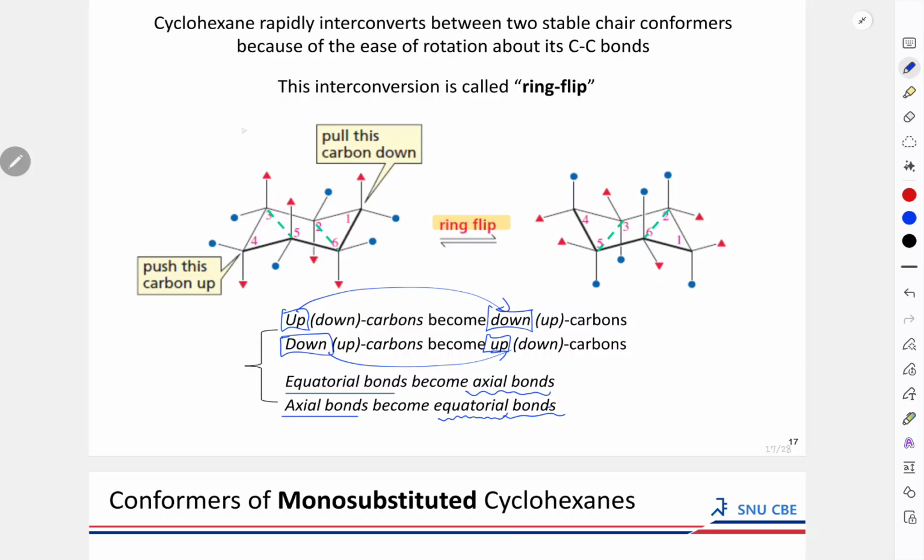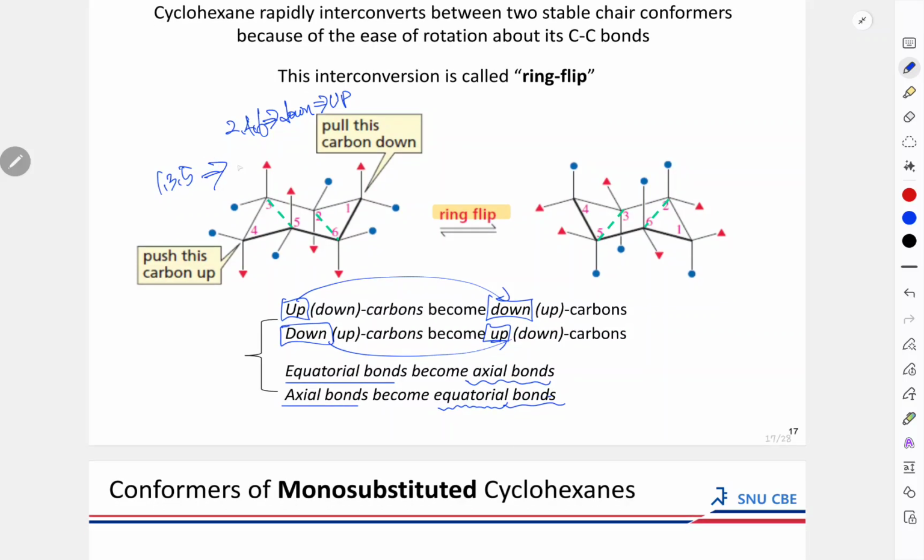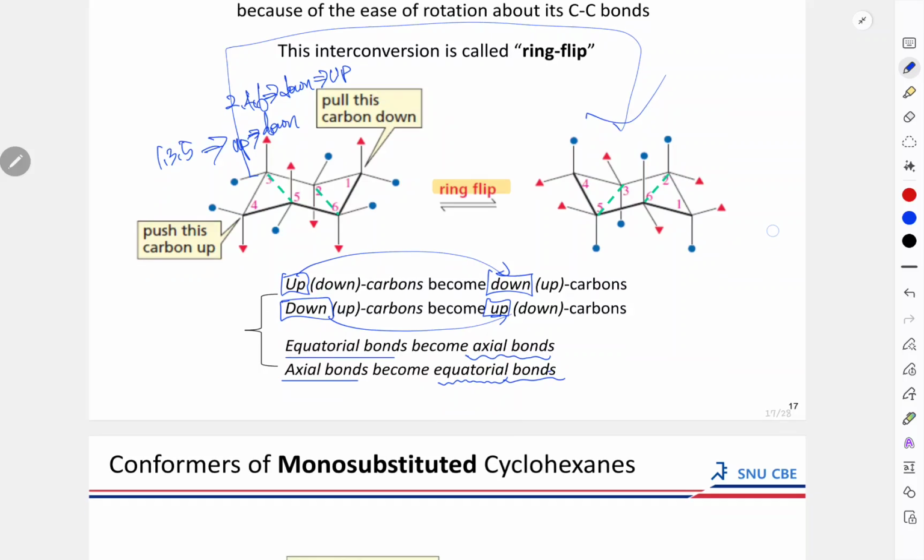Number 4, 2, 6, from the left hand side, they were down, but on the right hand side, they become up. And you can check 1, 3, 5 as well. On the left hand side, carbons 1, 3, 5 are up carbons, but on the right hand side, they become down carbons.